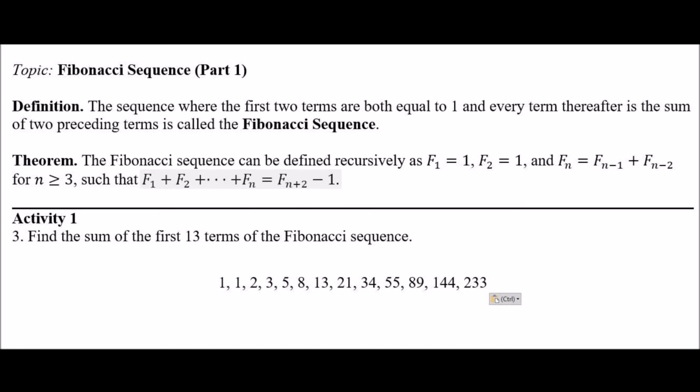As you can see, our n in number 3 is 13. So to find the sum of the first 13 terms, we need to apply this formula.